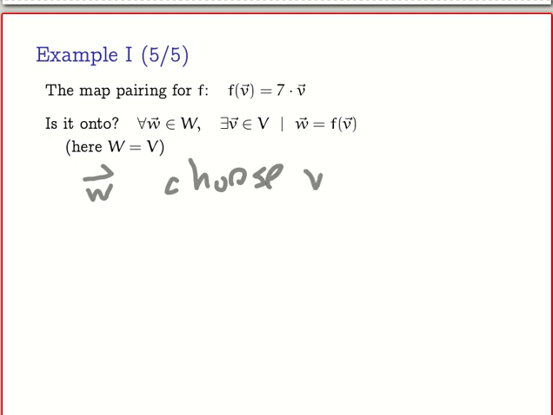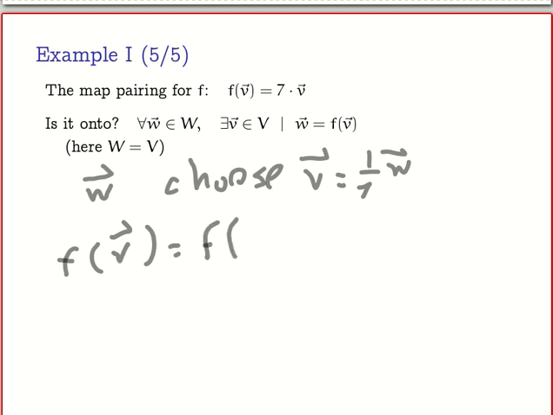Well, since we just have to show it exists, we just have to choose one. Choose v equals 1/7 w, okay? And then we have to check that f of v, which equals f of 1/7 w, and according to the pairing, that's 7 times 1/7 w, which equals w.